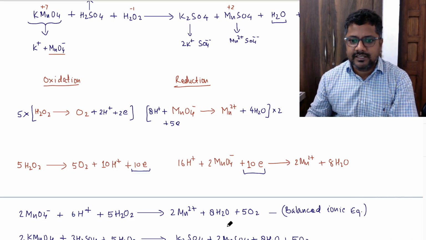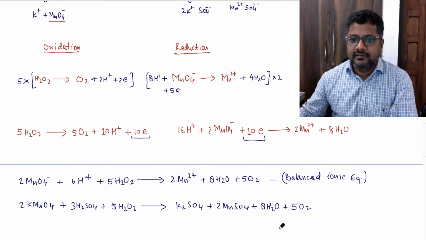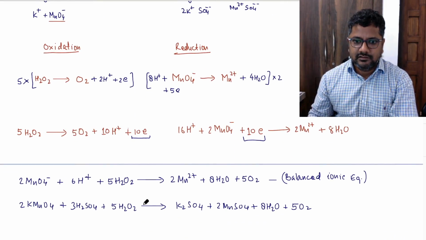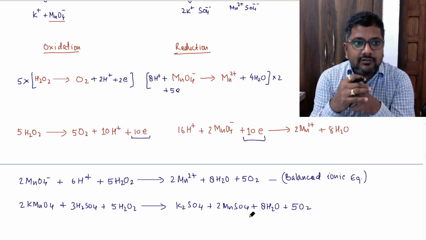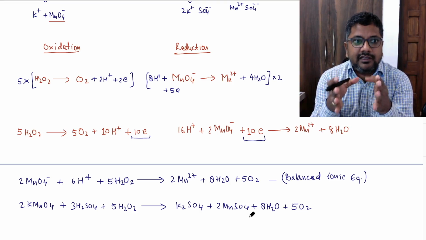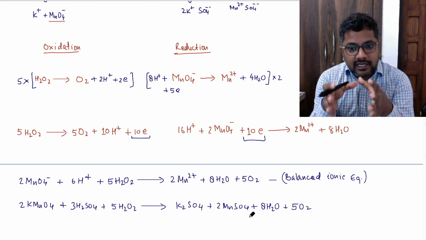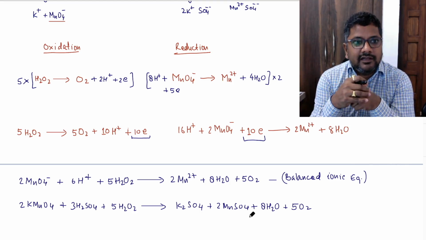If you see here, there is no electron, but actually electrons are involved in this reaction. When this reaction is happening inside the beaker, in actual sense there is involvement of electrons.